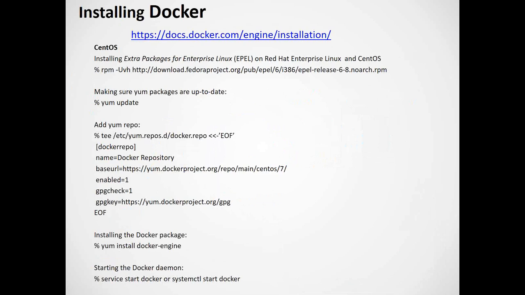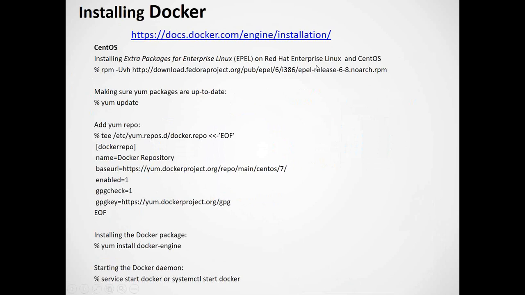For example, if it is Red Hat, it'll be something called RPM. If it is CentOS, then you have something called Yum. And if it is Ubuntu, you have something called apt-get. Like that, every operating system has a specific packager using which you can install something and uninstall or create a service.